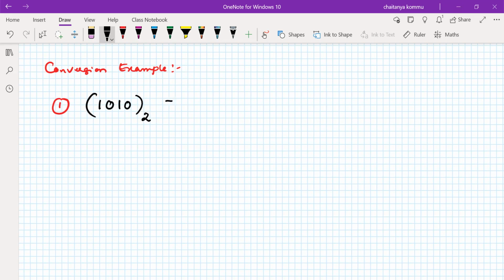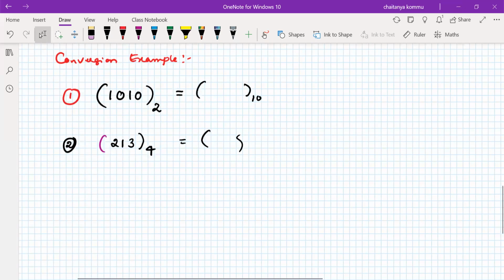I want to convert it into base 10 number system. Now the second example: I want to convert 213 of base 4 into base 10 number system. Number 3.